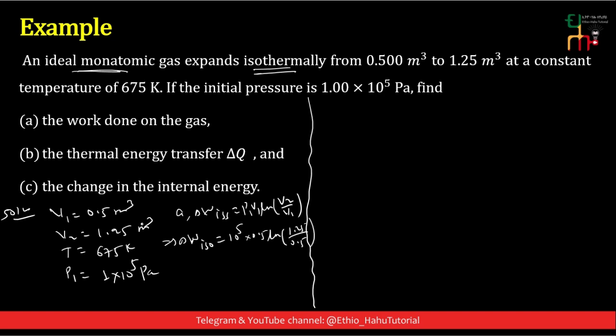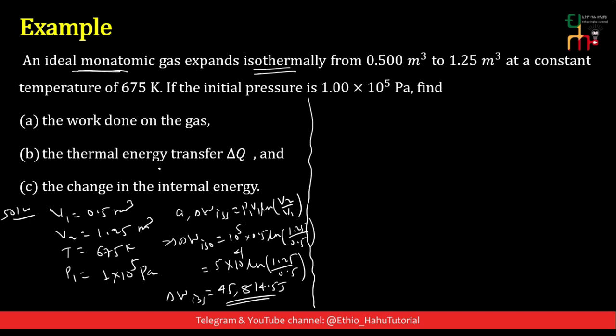Since they have the same units, the unit cancels, and this is equal to 0.5 times 10 to the power of 5, which is 5 times 10 to the power of 4, times ln of 1.25 divided by 0.5, and this is equal to 45,814.5 Joule. This is the work done in an isothermal process.